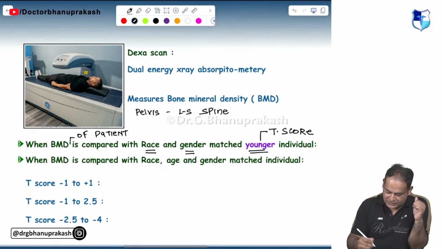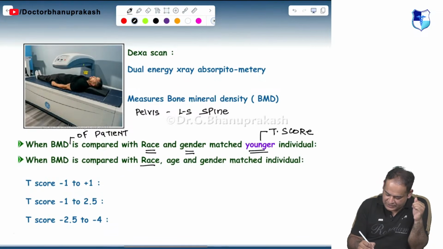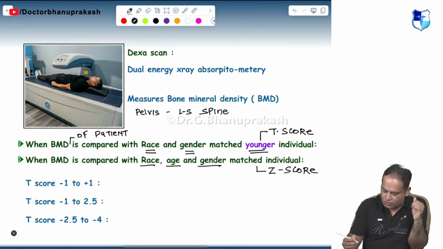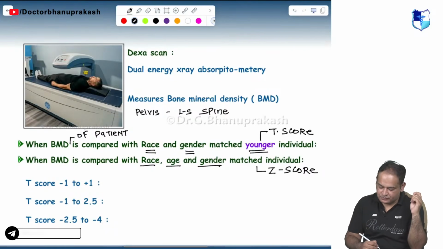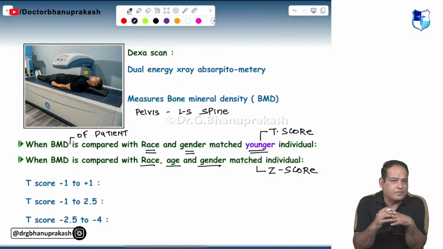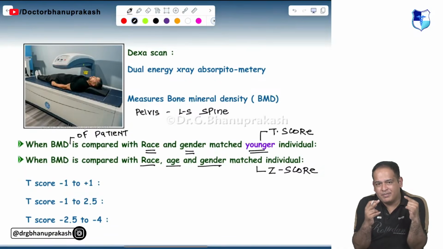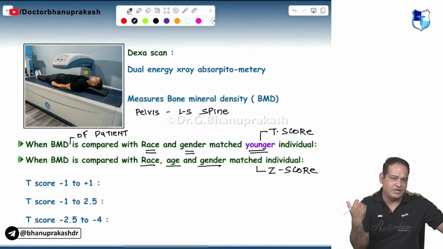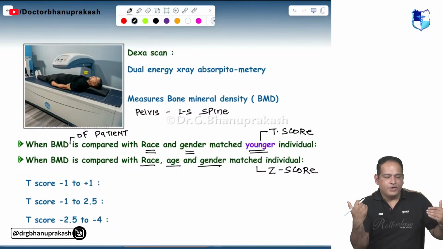When bone mineral density is compared with a race, age, and gender matched individual, what do we get? Z-score. See, dear doctors, T stands for teacher. When you compare the bone mineral density of an old teacher with a young student, you get the T-score.